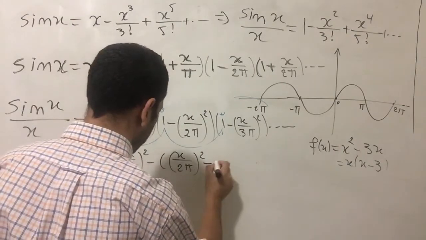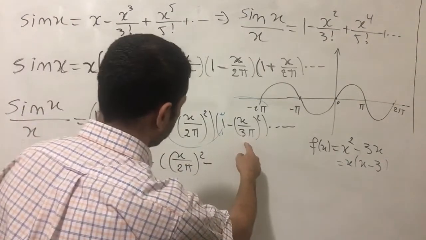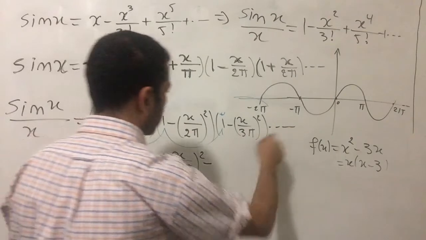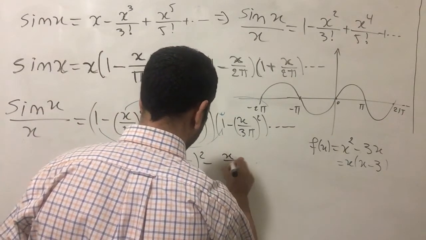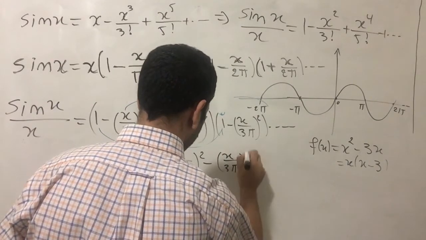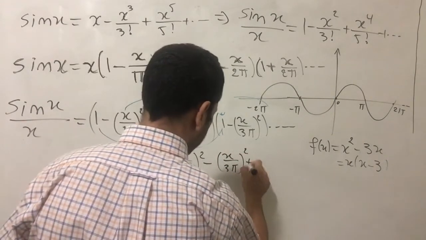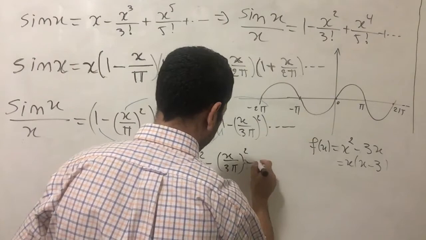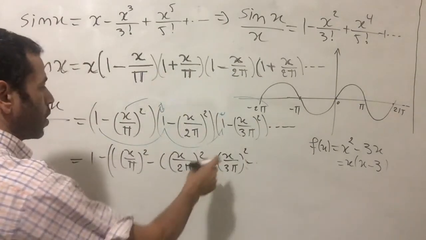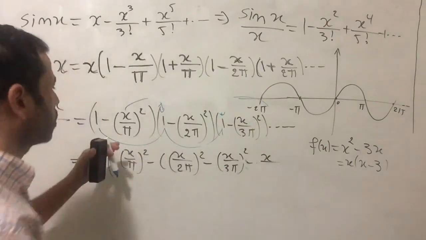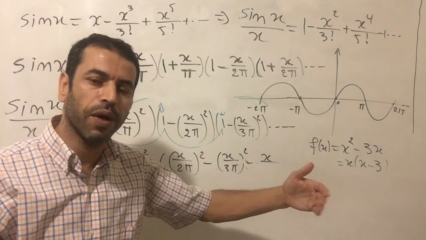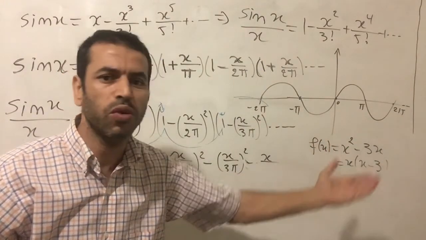So minus, the third one is multiplied by 1 as well, so I will have minus x over 3 pi squared. The fourth one will be multiplied by 1, it's giving you x. That means if you multiply something by 1 n times, it's giving you the same number.